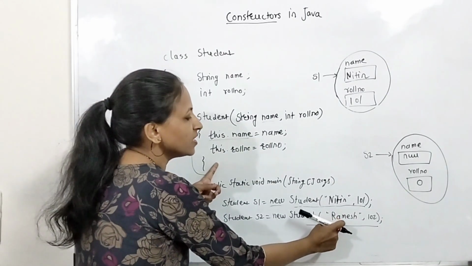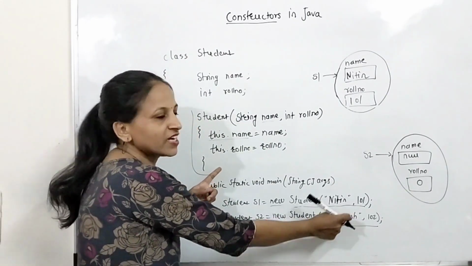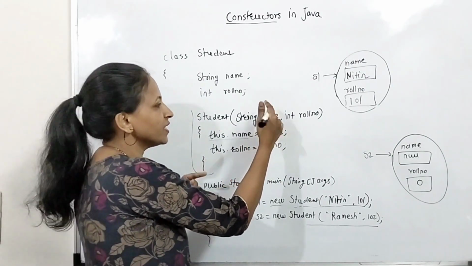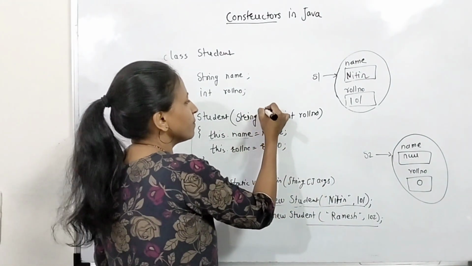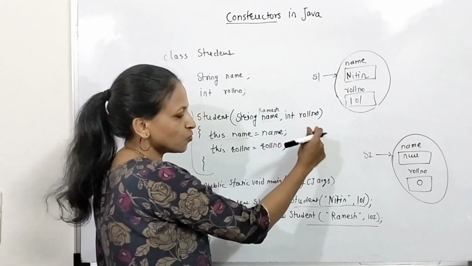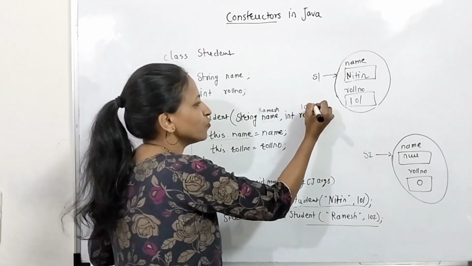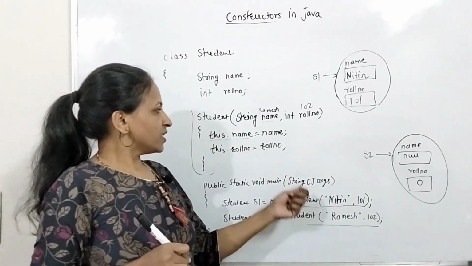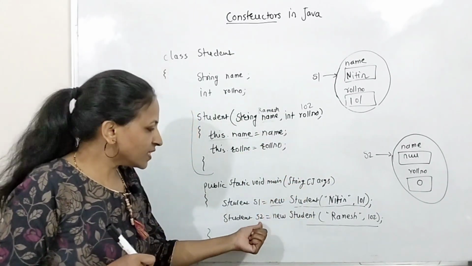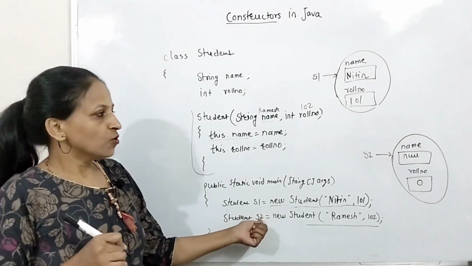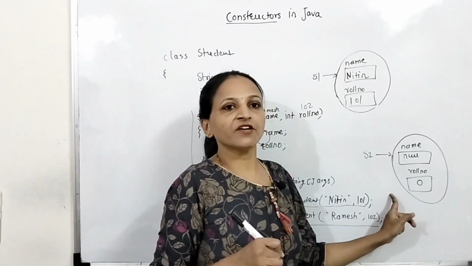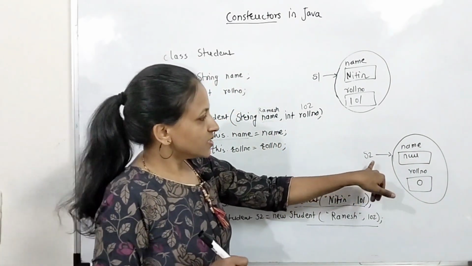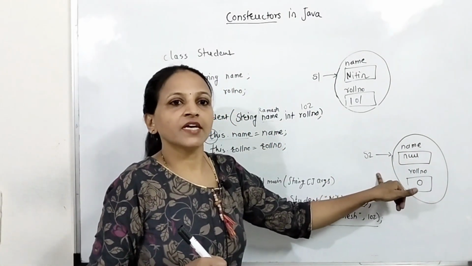The first string argument will get copied inside this name variable, like here there will be Ramesh, and inside rollNumber there is the value 102. Now currently this constructor has been called by this s2 object, the newly created object. For that newly created object, the constructor will be called, and the newly created object is nothing but s2.